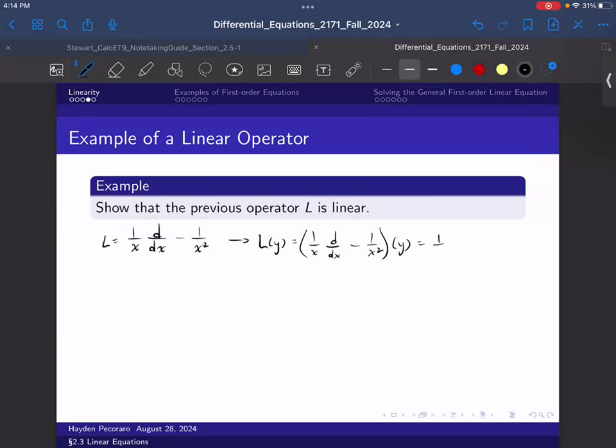And that means do this. Take the derivative of y multiplied by 1 over x, and then subtract 1 over x squared times y.